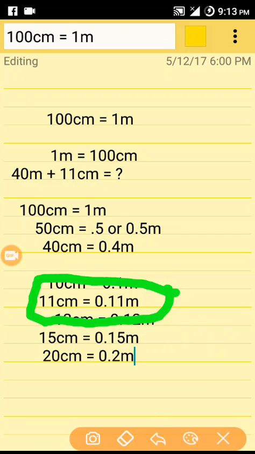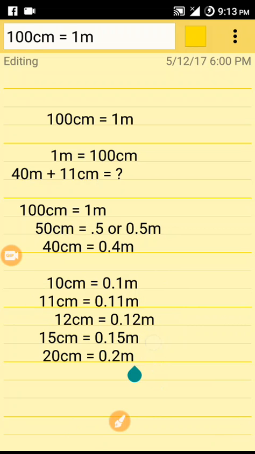So we know that 11 centimeters is going to give us 0.11 meters. So then we can add it.